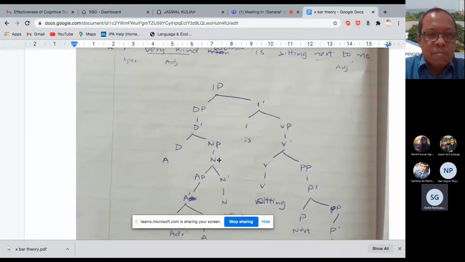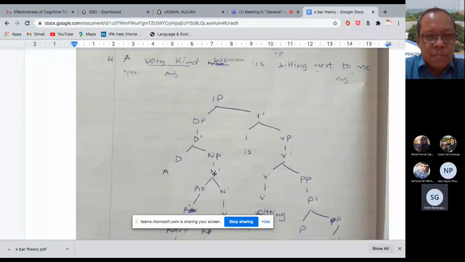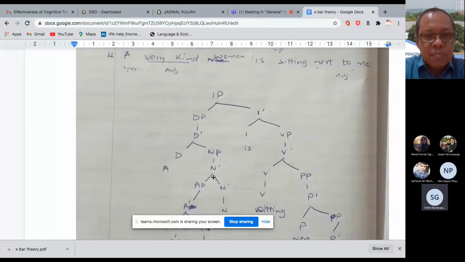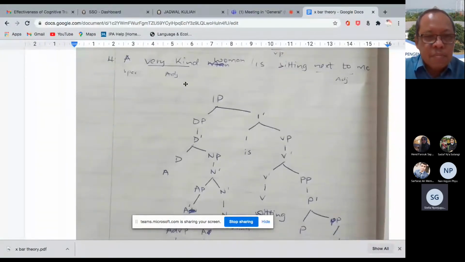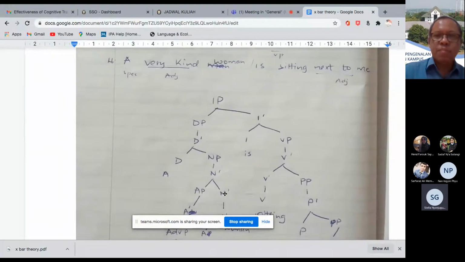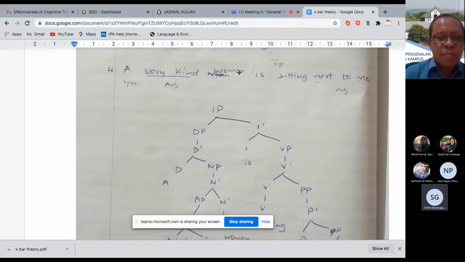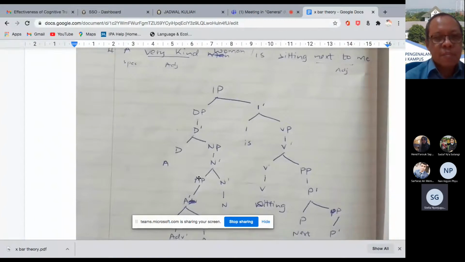So this noun phrase now branches into the N bar: a very kind woman. But this N bar now has two parts. Between "very" and "kind", I thought "kind" could be the head, so it could be an adjectival phrase, the AP. But this again has the N bar because we still have the woman coming in. So the AP branches to the A bar.